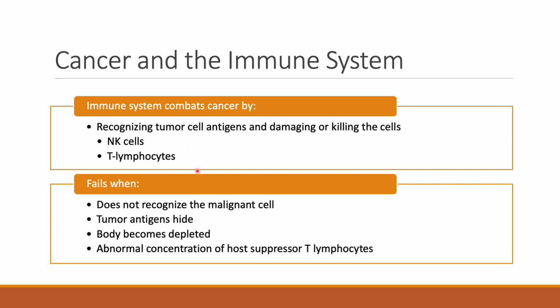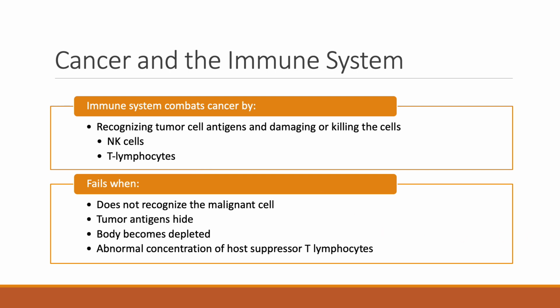The T lymphocytes are also going to recognize the tumor cell antigens, and they're going to promote or facilitate the development of other types of cells that can be toxic to the tumor cell. The immune system will fail if it doesn't recognize the malignant cell for some reason.